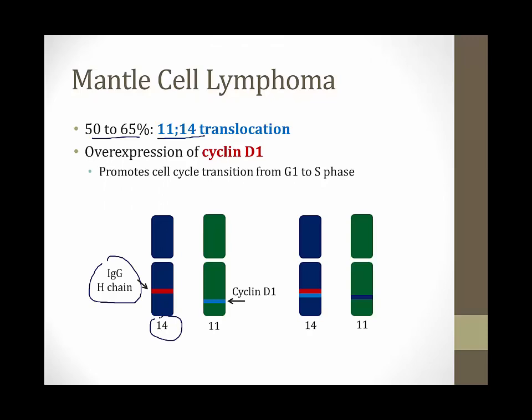In the case of mantle cell lymphoma, the cyclin D1 gene from chromosome 11 is translocated so that it's next to that very active IgG heavy chain gene inside of B cells. This leads to overexpression of cyclin D1, and the gene product of the cyclin D1 gene promotes cell cycle transition from the G1 to the S phase, and thus cells grow more rapidly, and this leads to unregulated growth, which leads to mantle cell lymphoma.